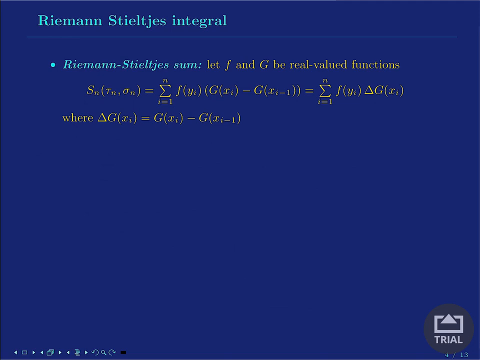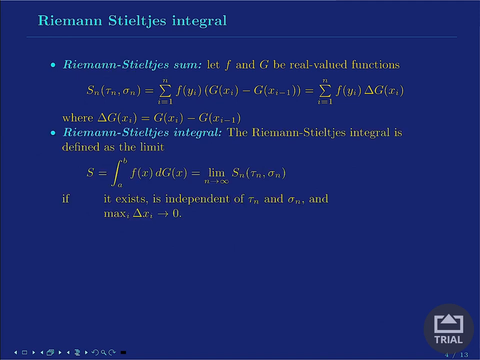Such a sum is called a Riemann-Stieltjes sum, and it leads to the Riemann-Stieltjes integral, which is said to exist if the limit of these Riemann-Stieltjes sums exists and is independent of the partitions chosen for the approximation, and if the length of the longest interval tends to 0.